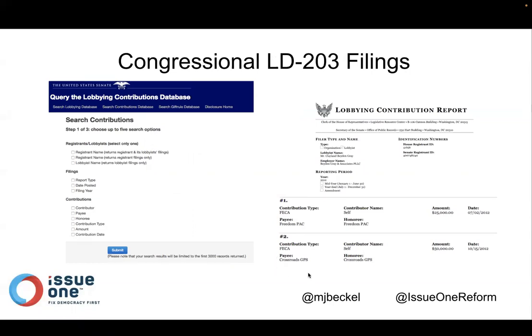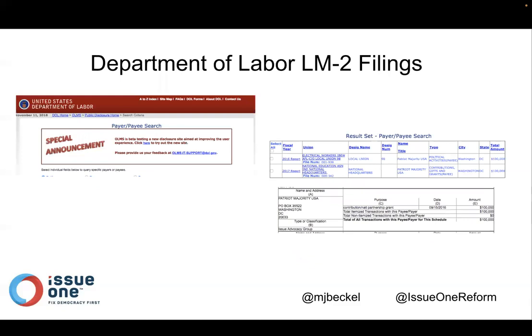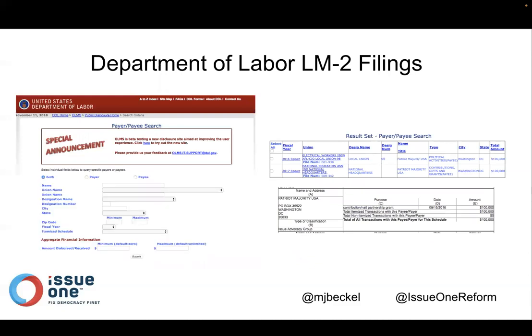Here's an example where 50 grand was given to Crossroads GPS, a major conservative dark money group back in the day, and this lobbyist filing includes that contribution that we wouldn't have known about otherwise.